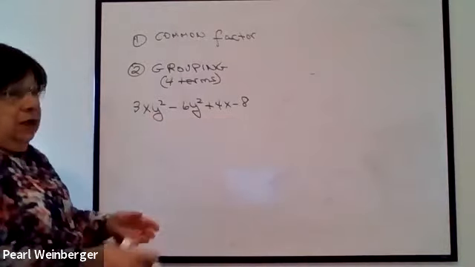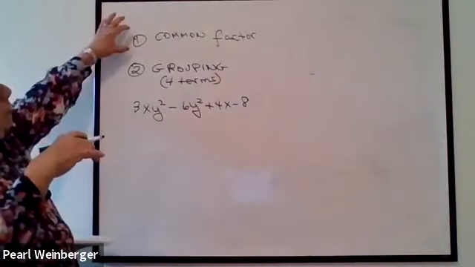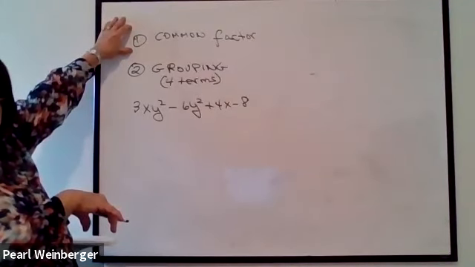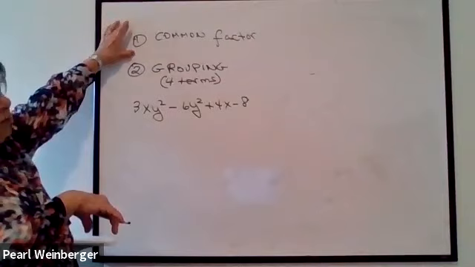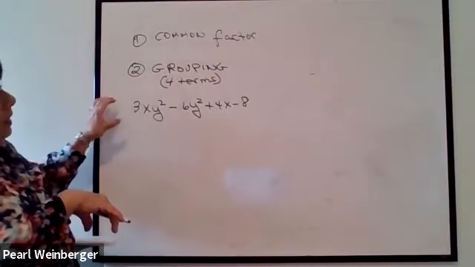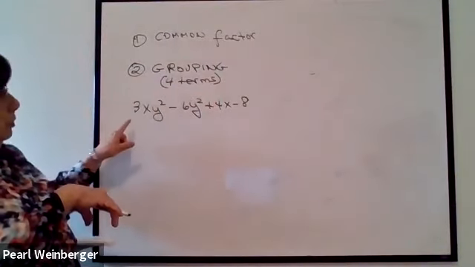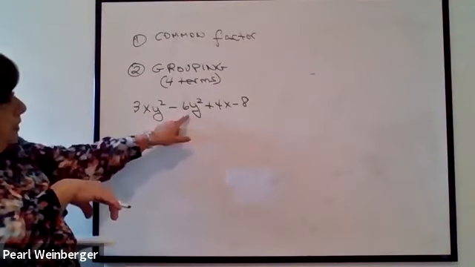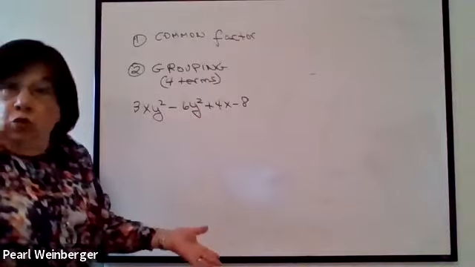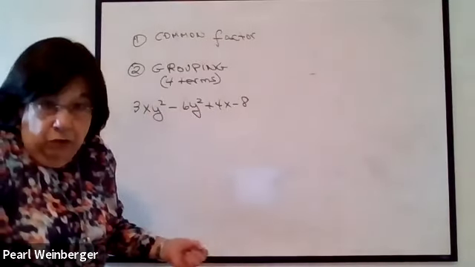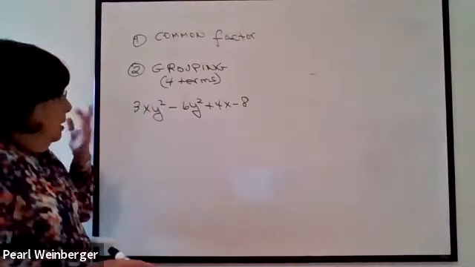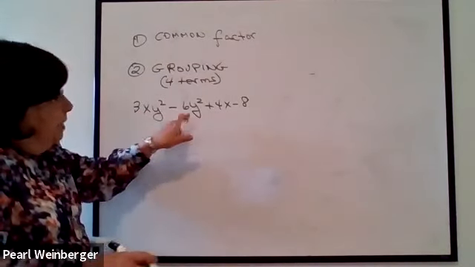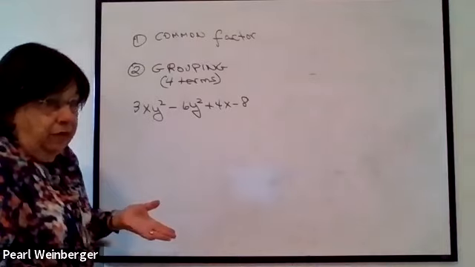And of course, the first thing I'm always going to be looking for when I want to factor a polynomial is to see, is there a common factor in this whole polynomial? Well, if I look at the coefficients, this is 3 and 6 and 4 and 8, there's no one number that goes into all 4 of those. And in terms of the letters, there's an x here, but this doesn't have any x, so x can't be a common factor.